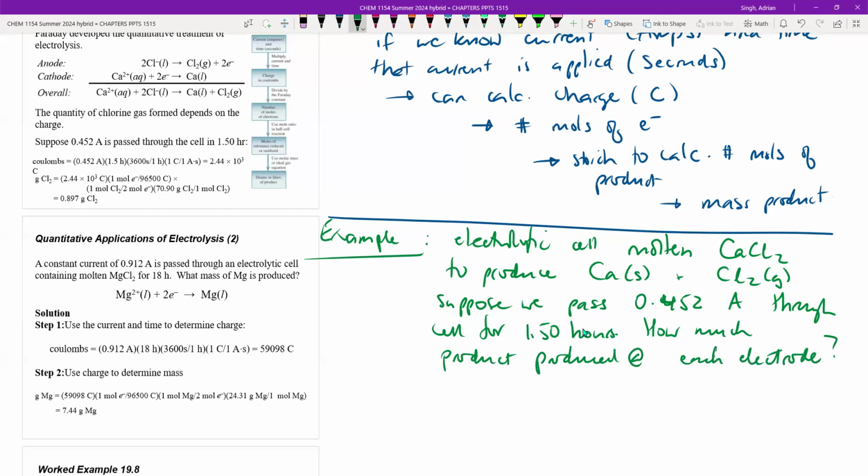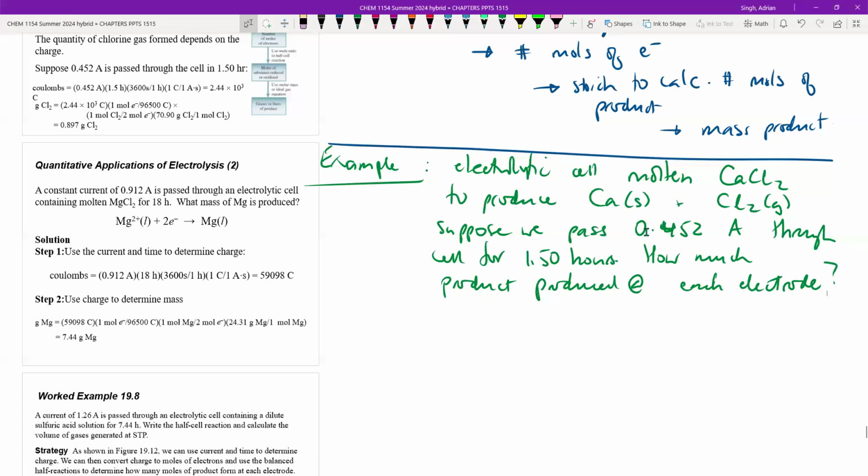Okay, so the first thing that we want to do in any situation like this, just like we did for the sodium chloride, is figure out what the reactions are that are going to occur: what's the oxidation, and what is the reduction? So here we're looking at molten calcium chloride to produce calcium solid, and we're also going to get chlorine gas, Cl2.